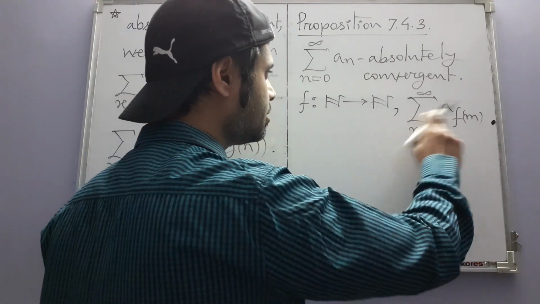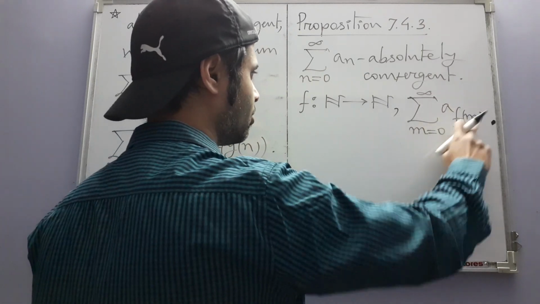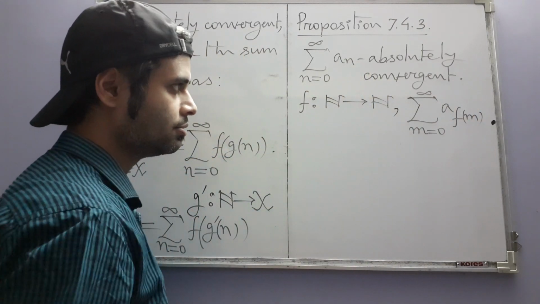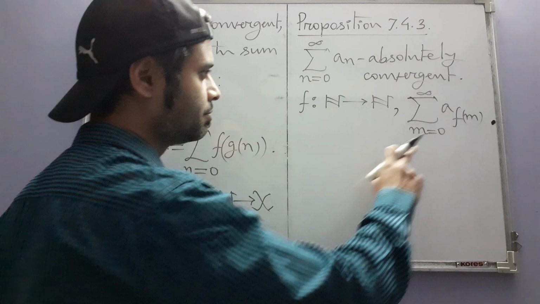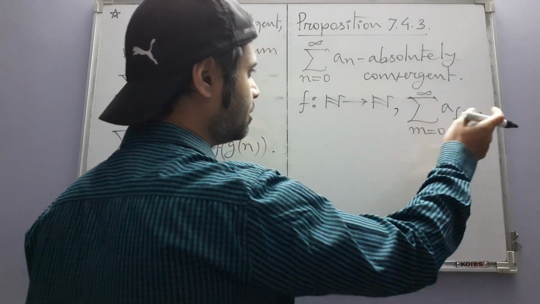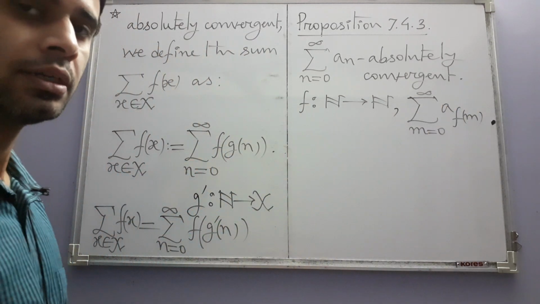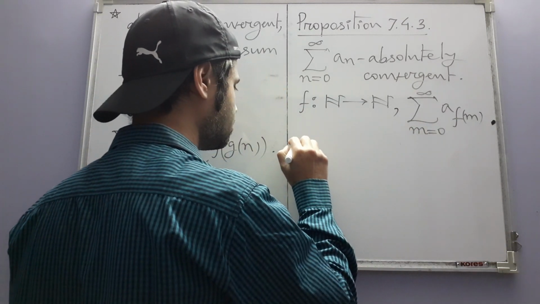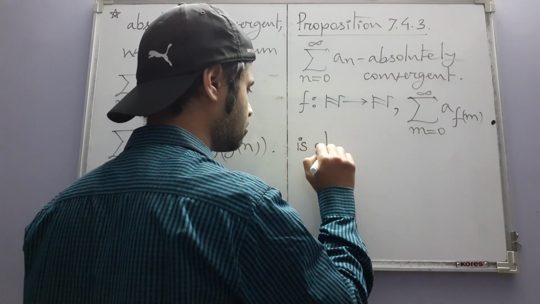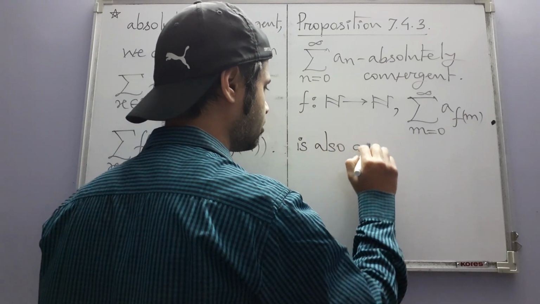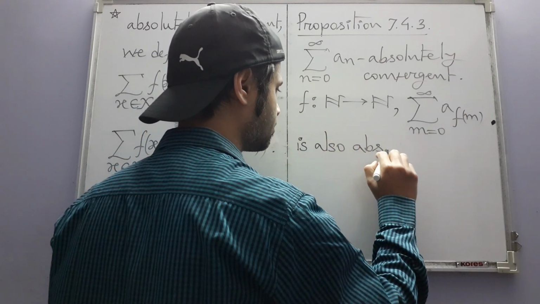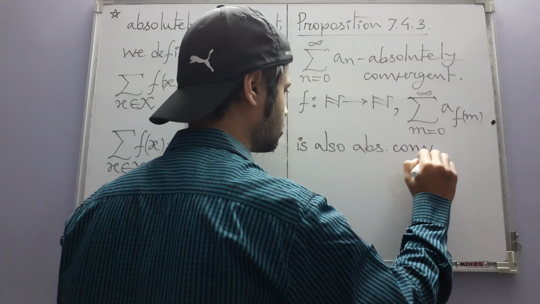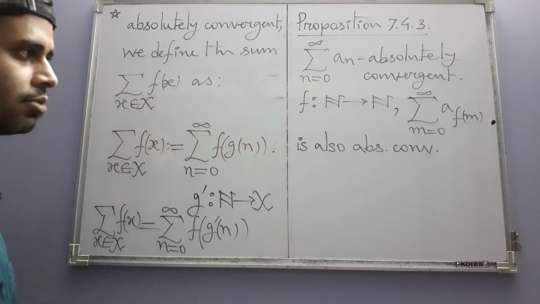So in this series, we have just modified the suffix values by replacing n with f of n, that's it. Then this is also absolutely convergent.